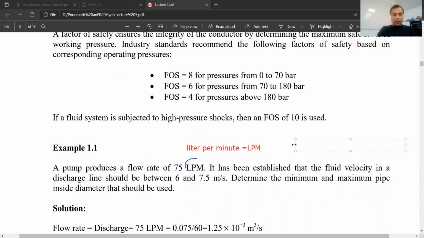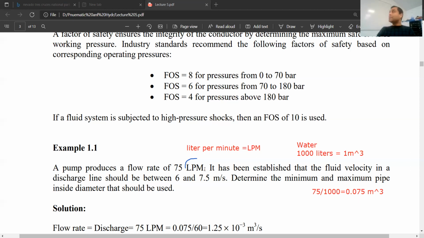Now, for water, 1,000 liters is 1 meter cube. So 75 liters, you need to divide by 1,000, which is 0.075 meter cube of water.